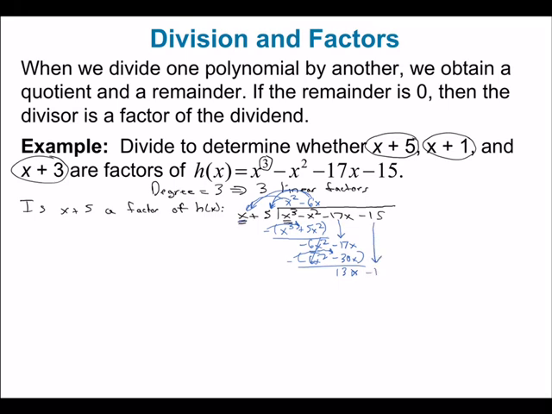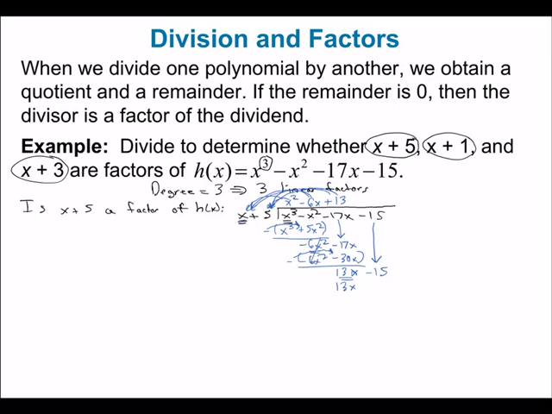Let's go ahead and bring down the constant, minus 15. And now our last step. We've got the dividend now, 13x minus 15. The first term in the divisor is x. The first term in the dividend is 13x. x divides into 13x exactly 13 times. 13 times x is 13x.